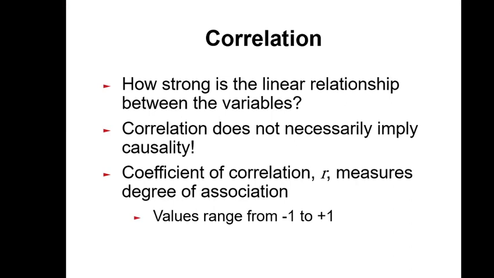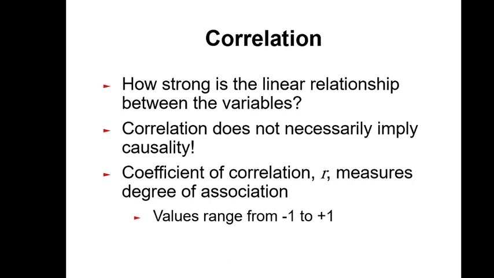Okay, now let's go to what we call correlation. Correlation, or the coefficient of correlation R. Now what is R? R measures the strength and direction of the relationship between two variables.